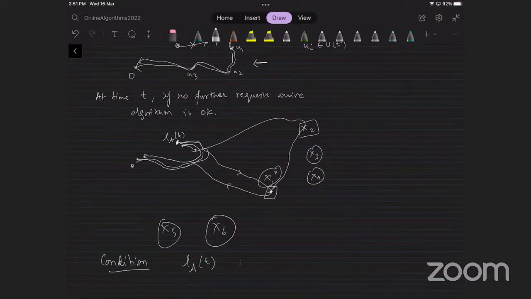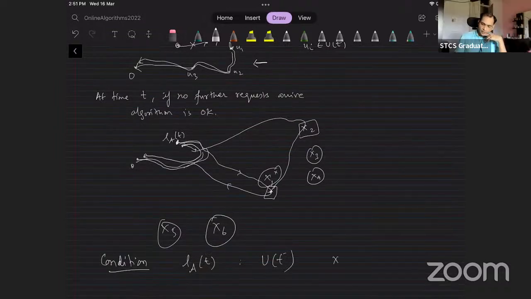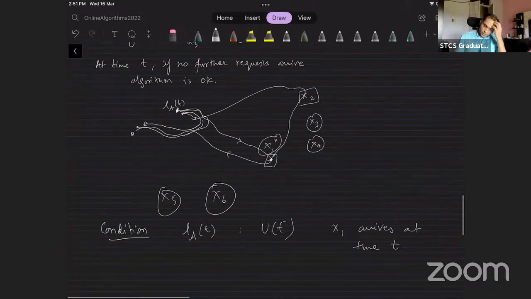So you are at lat, the unfulfilled request set at t minus is u of t minus, and x1 arrives at time t. Everything is correct, right? Now can you tell me what should I do? You had some suggestion to take the union of u of t minus and x1 and do something.